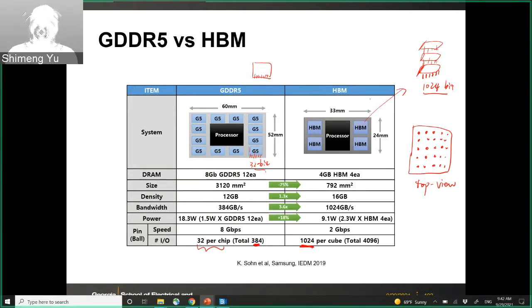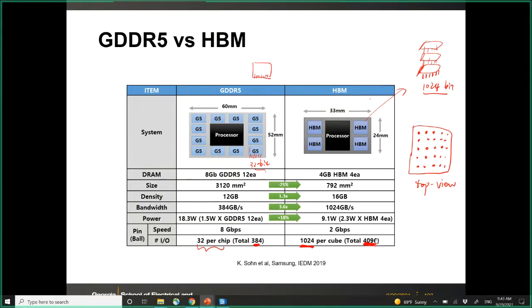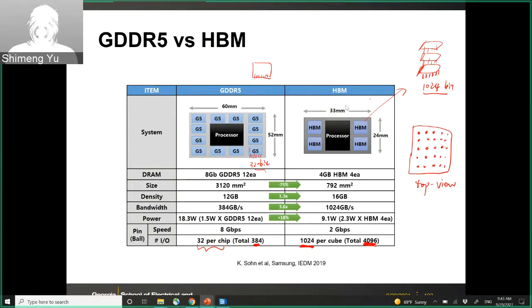That's why here you can have more connections, and you have 4 of those HBM stacks. So in total you have 4096 bits transferred simultaneously. Basically you have more lanes in your highway. If you make this analogy to the highway system, then you have more lanes for the HBM. This is a key to improving the system bandwidth.